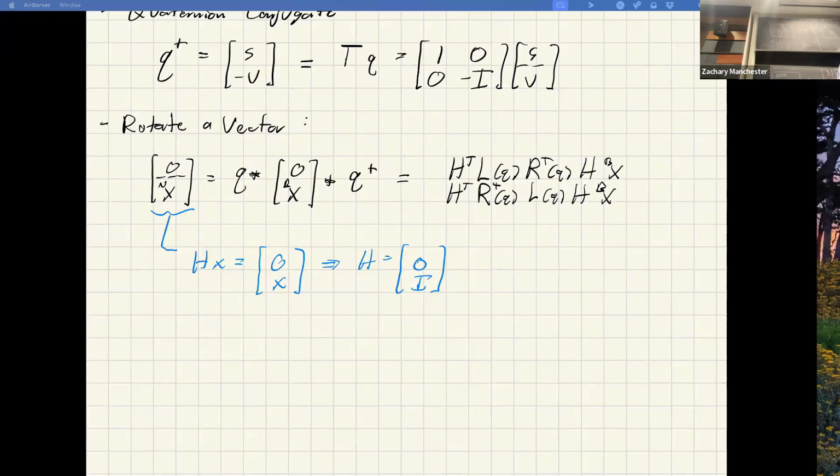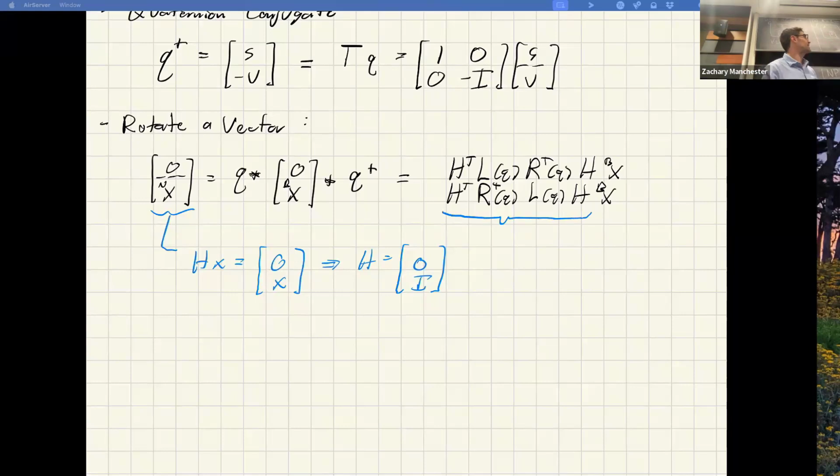So if I do the left term, so if I do Q times that X there, that's L of Q times H times XB, right? And then the other side is a right multiply by blah, blah, blah. So I'm just grouping these and writing them in our matrix stuff. And the important thing is these expressions are equivalent. It's just a question of order of operations on which terms I do first.